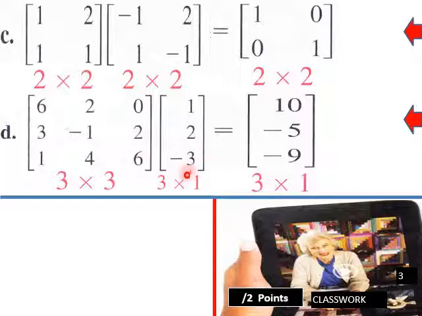And then 6 times 3 would be -18. So we'd have 1 and 8 would be 9, and -18 would be -9. So that would be how you would get this column here from multiplying this 3 by 3 by a 3 by 1.